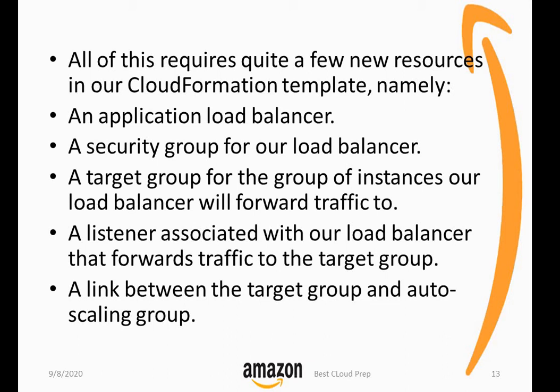We need an application load balancer, a security group for our load balancer, a target group for the group of instances our load balancer will forward traffic to, a listener associated with our load balancer that forwards traffic to the target group, and a link between the target group and the autoscaling group. Basically, the whole idea is that your load balancer should be able to communicate effectively and direct traffic to your EC2 instances in your public subnet, which are behind an autoscaling group. In order to achieve all that, you need to follow these steps.